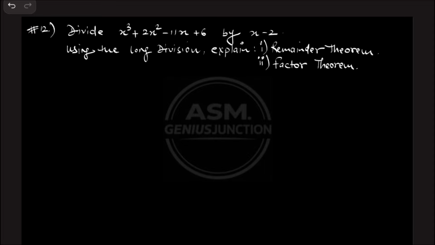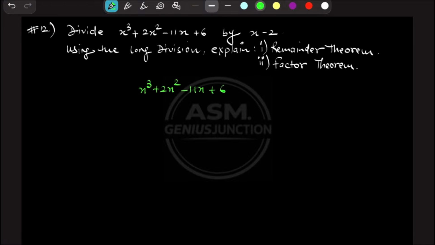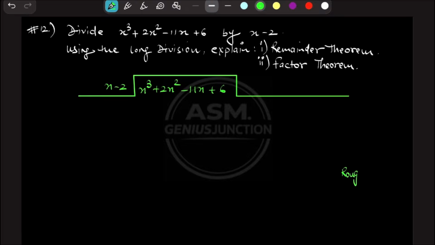I will write x cube plus 2x square minus 11x plus 6, and we are going to divide this by x minus 2. This is my rough space, which I will be in need of, and again, this is going to be very important for us.